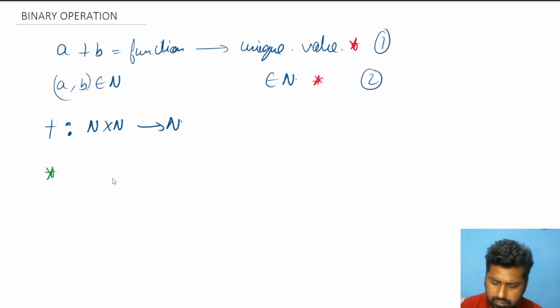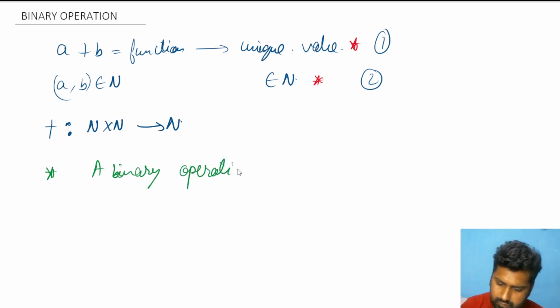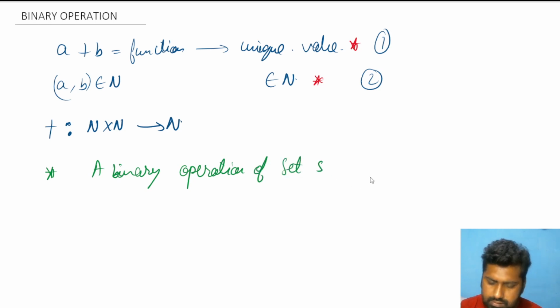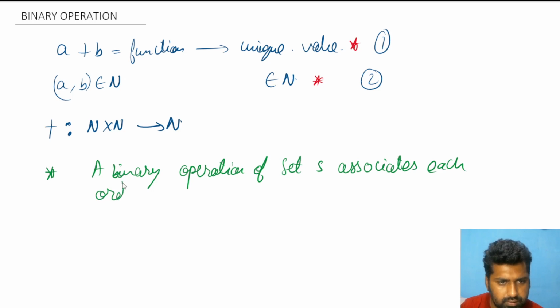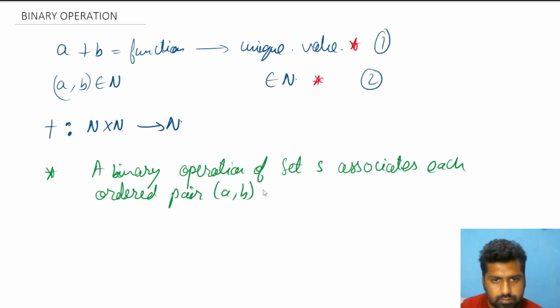A binary operation on set S associates each ordered pair a comma b from S cross S to a unique element.